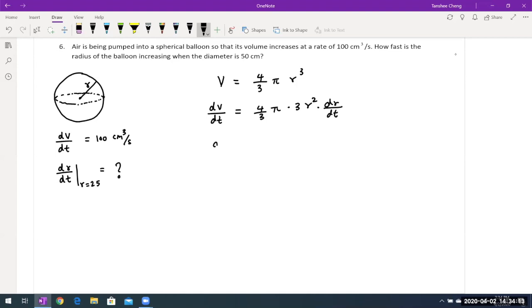So this will give me dV/dt is equal to 4 pi r squared times dr/dt. And you may evaluate this when the radius is equal to 25 by substituting it. And that will give you your final result. And don't forget to interpret it.